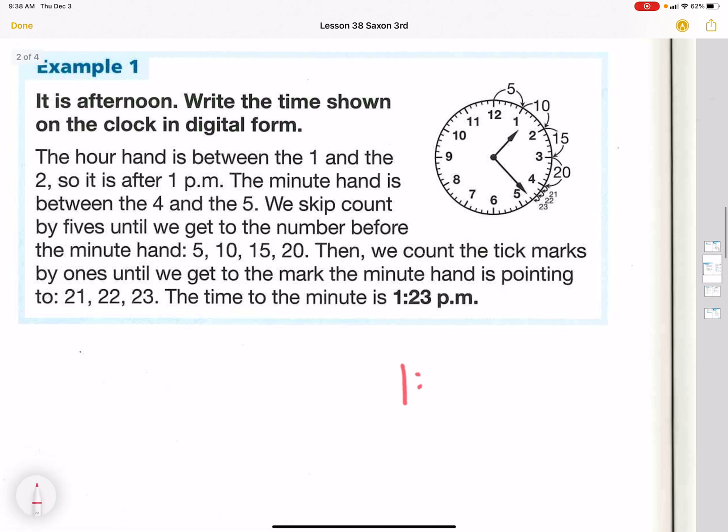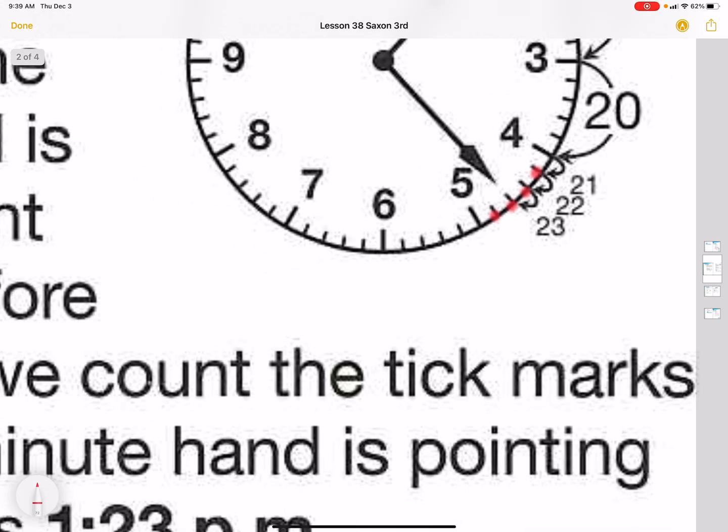There are 1, 2, 3, 4 small lines in between each number, 4 and 5, for example. So this minute hand is pointing between the 4 and the 5. So the number 4 is 20 minutes.